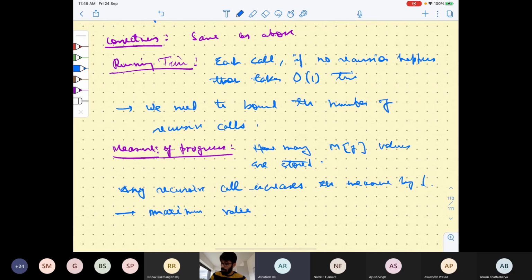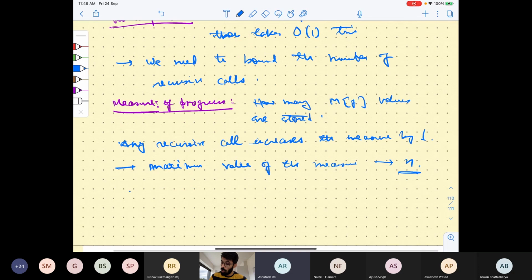or j, whatever. If we want to solve for the whole problem, then it is n, right? Because you will compute for n. So that is what gives the number of recursive calls less than or equal to n.